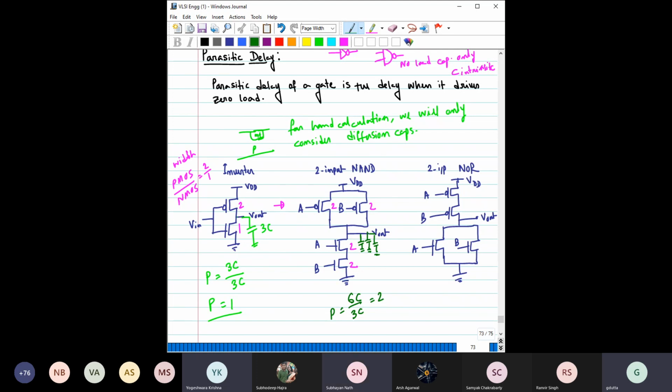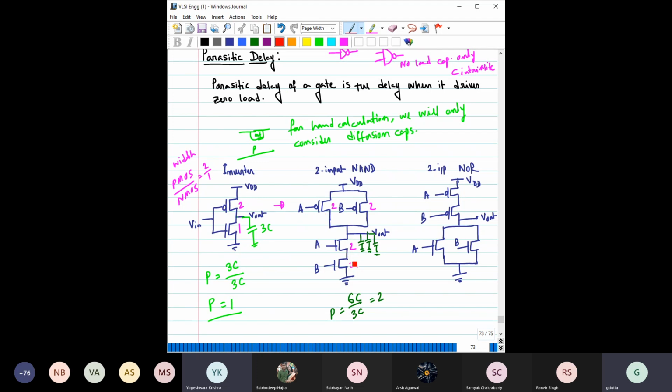Shubhayan, is this clear to you? Basically the lower ones, the NMOS which is connected to B, is not connected to the Vout. That's why its capacitance is not considered. Right, because this one is not connected with this. True. Here again we are making a couple of approximations.